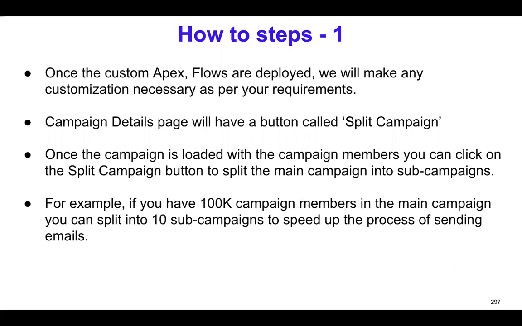Each outreach will be related to each sub-campaign, and they're all running in parallel. Again, sometimes Salesforce may not pick up all 10 jobs at the same time. That's the thing, but I know that it does drastically improve the overall performance. We cannot really say how much, because every Salesforce org is different. If you have other batch jobs running, Apex jobs running, scheduled jobs running, your processing speed may be a little slower than others.